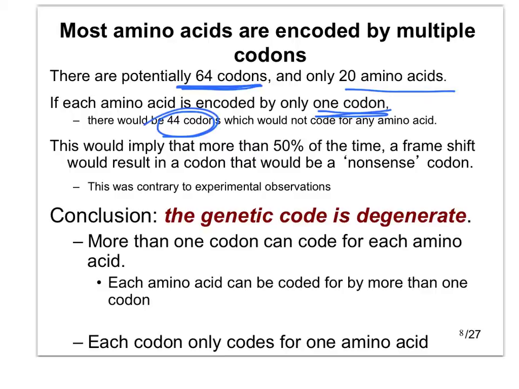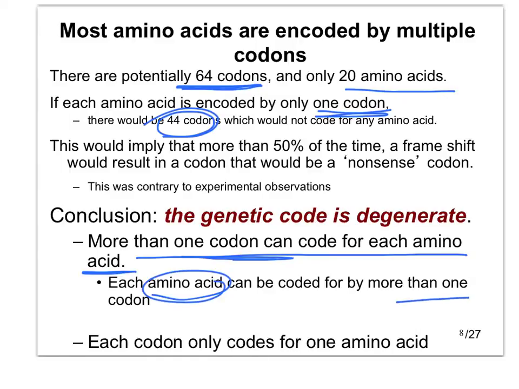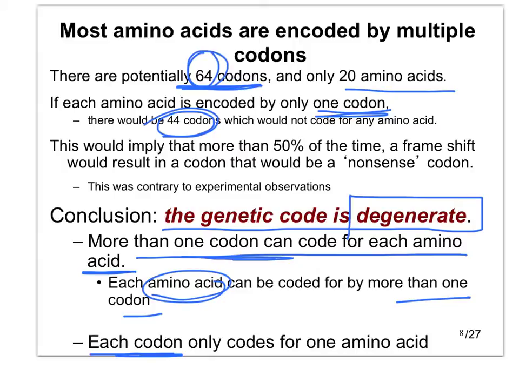So what does that mean? That means more than 1 codon must code for each amino acid, right? Each amino acid can be coded for by more than 1 codon, which means the genetic code is degenerate, right? Each one of these 64 codons only codes for one thing, but there's more than 1 codon for each amino acid.